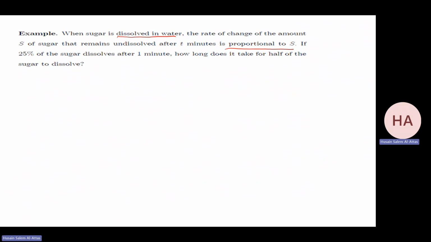So S is what? The undissolved amount. Remains undissolved, you call it S. Now, the rate of change of this S will be proportional to S.